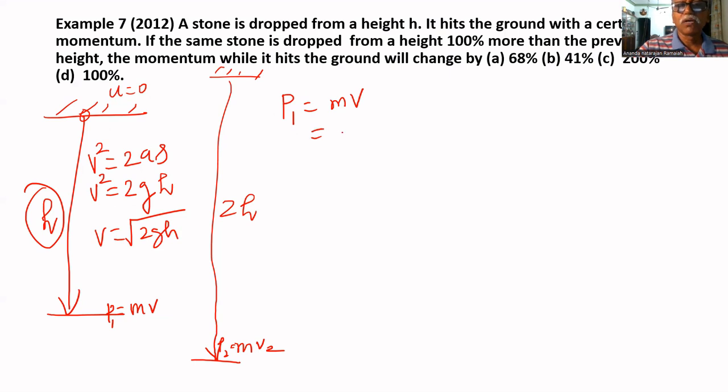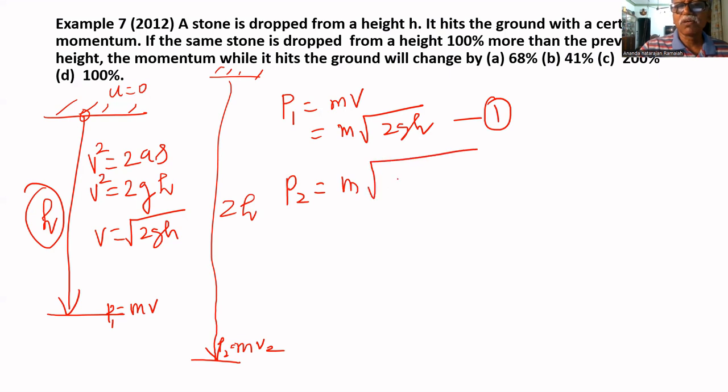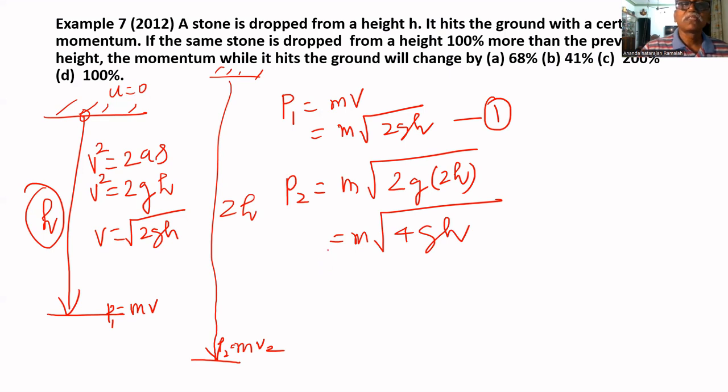So P1 equals mass multiplied by square root of 2gh. P2 equal to same mass, but velocity equal to square root of 2g into 2h, that is mass into square root of 4gh.